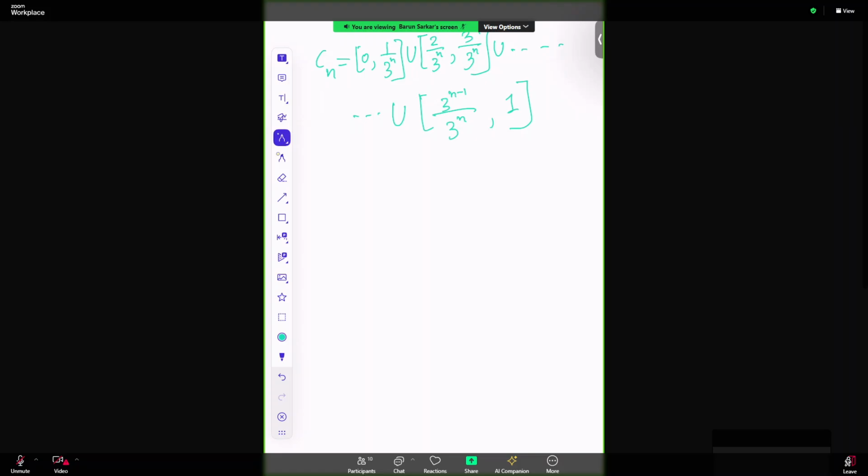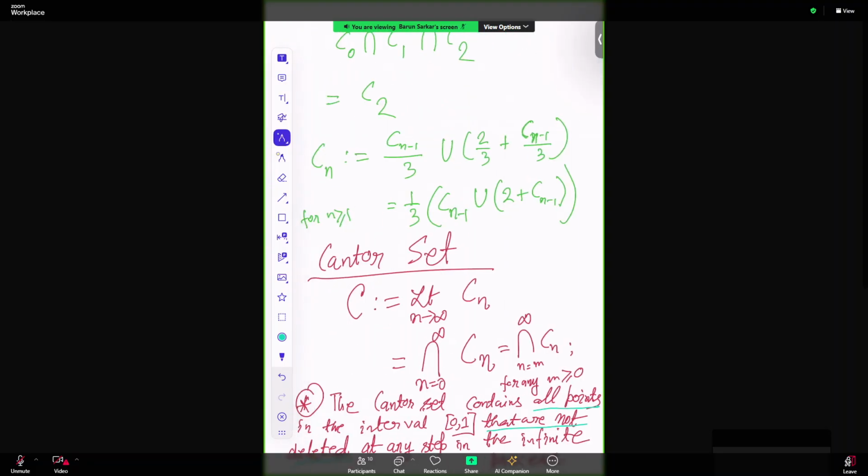But this formula is correct. This formula Cn is Cn minus 1 by 3 union 2 by 3 plus Cn minus 1 by 3. So this formula is correct. Yeah.